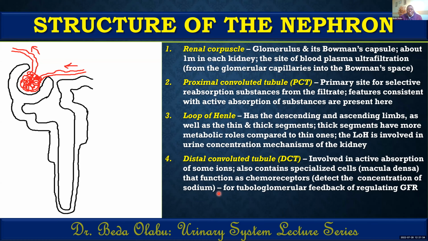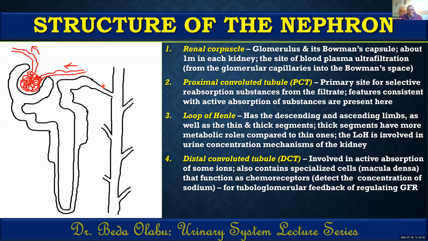We can say that that's a key function of the DCT. Well, apart from that, the other segments of the DCT do not really have the macula densa cells. So these segments of the DCT, which do not contain the macula densa cells, are still important in tubular reabsorption of some ions, and especially hormonally regulated for that matter.